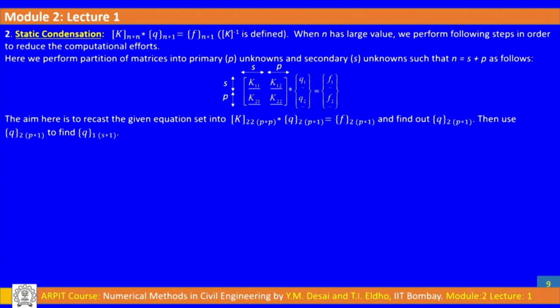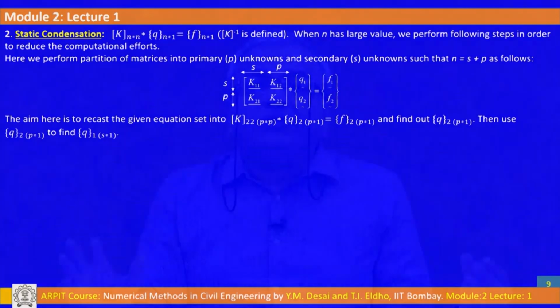So, through some matrix manipulation, we will eliminate S number of secondary unknowns and recast the given equation in terms of a subset of size K22, that is P times P, and Q2, those are the unknown parameters we will retain in our solution, and the right hand side vector F2 will be modified as compared to the given F2 in the process of this matrix manipulation.